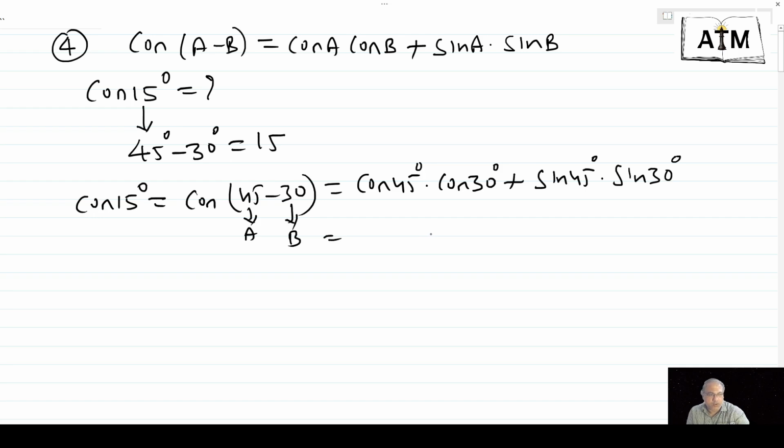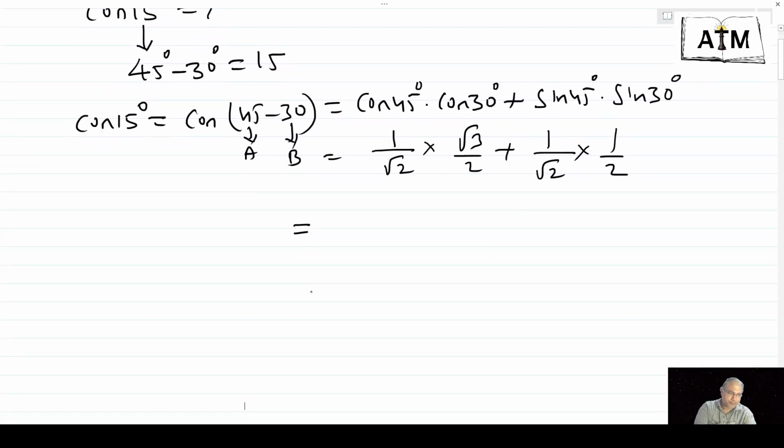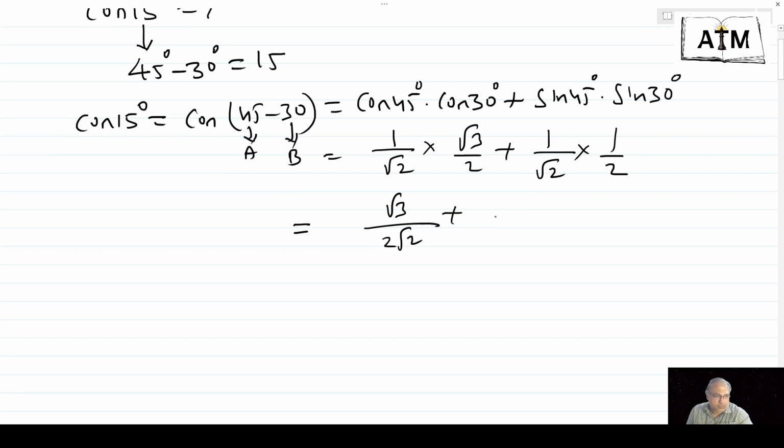So cos 45, cos 30, sin 45, sin 30. Cos 45 is 1 upon root 2. Cos 30 equals root 3 by 2. Sin 45 is 1 upon root 2. Sin 30 equals 1 by 2. Simplifying, we get root 3 upon 2 root 2 plus 1 upon 2 root 2.